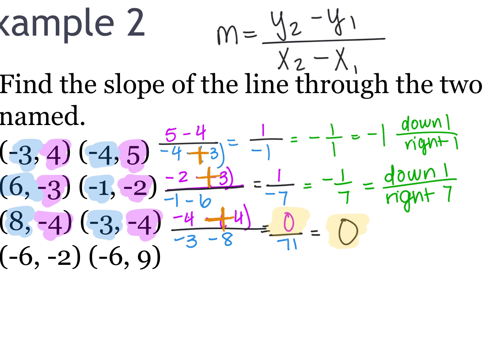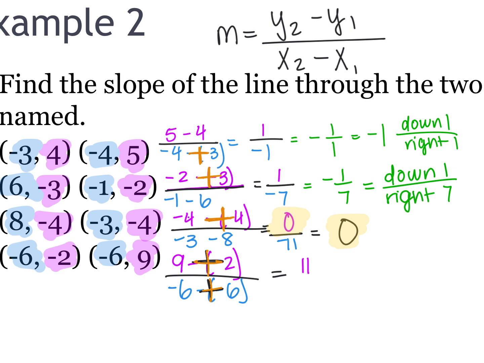Now we're going to figure out when it's undefined. We're going to go over if it's a 0 in the denominator. I have my y's and my x's. So I'm going to have 9 minus negative 2 over negative 6 minus negative 6. Now I'm going to add these. They're both changing into a big old plus sign. What's 9 plus 2?